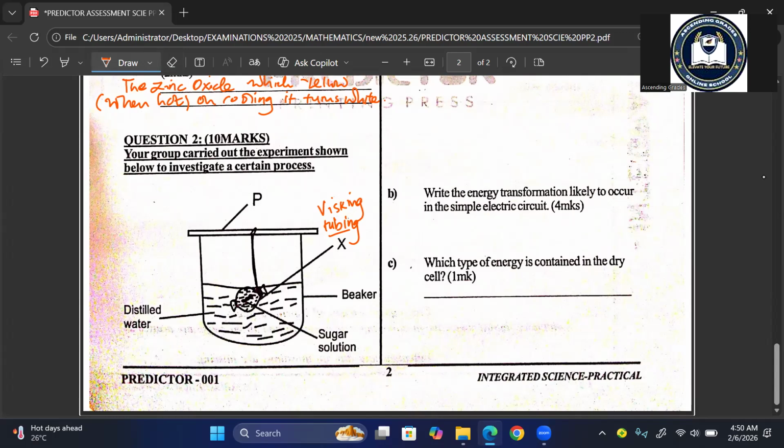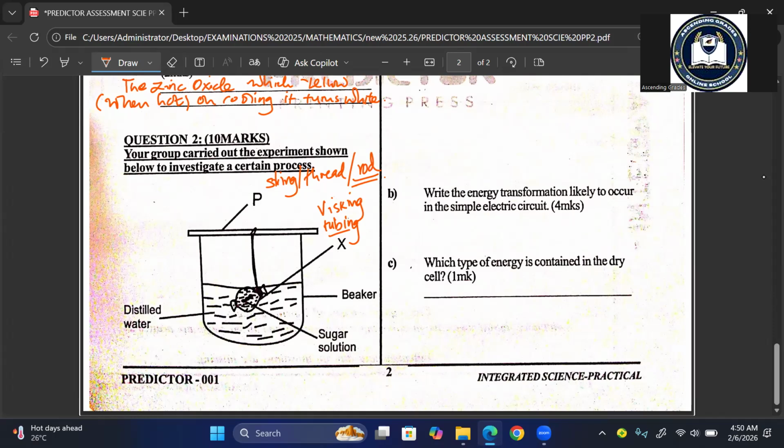P, we can just say it is a string, a thread, or you can just say it is a rod. But the string or the thread must be strong. We are being asked questions from the same diagram.